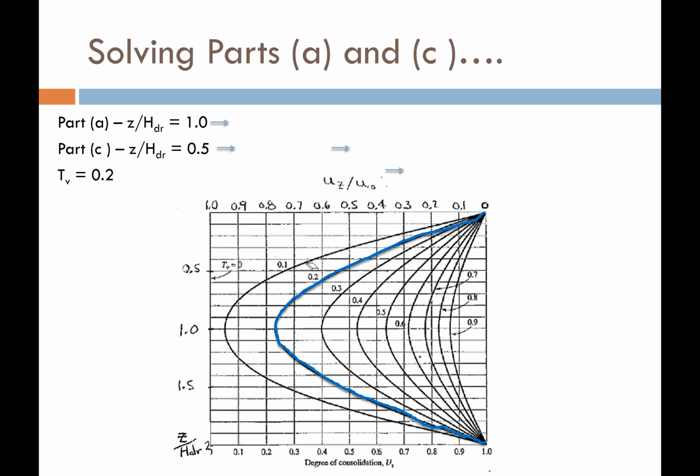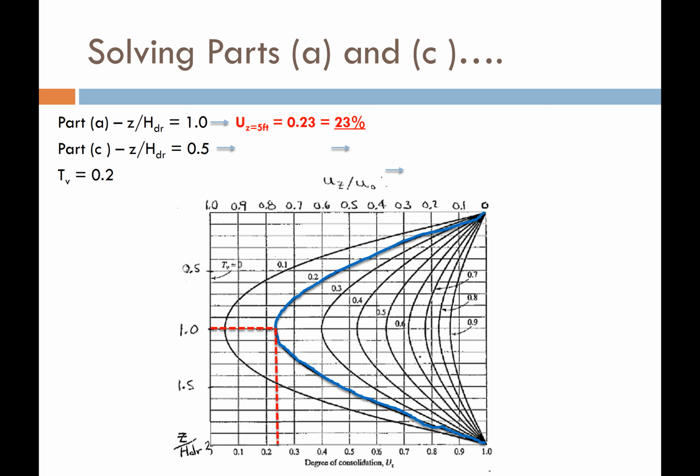And we're going to go to our depth ratio of 1.0, and we're going to come down, and we are going to get our degree of consolidation, and that's equal to, you can see right here where I'm circling, about 0.23 or 23%. Okay? All right, because we're here, let's just jump straight to part C.